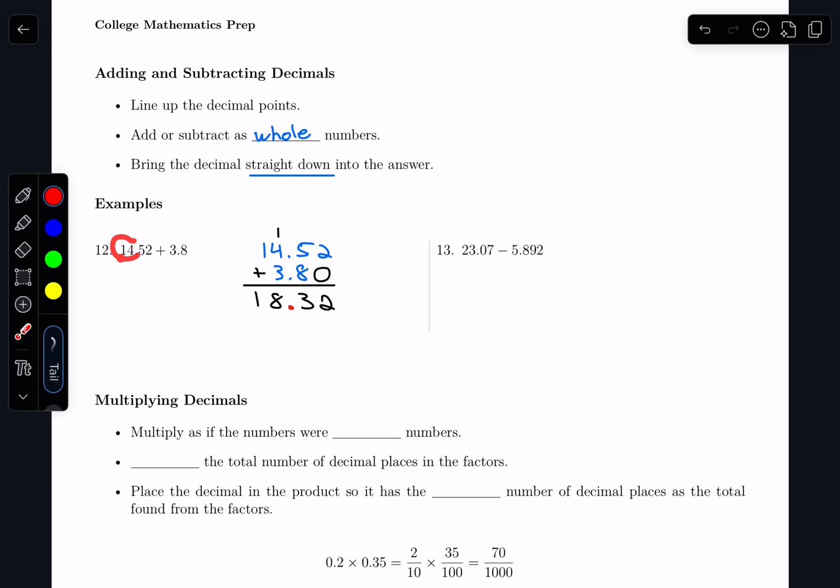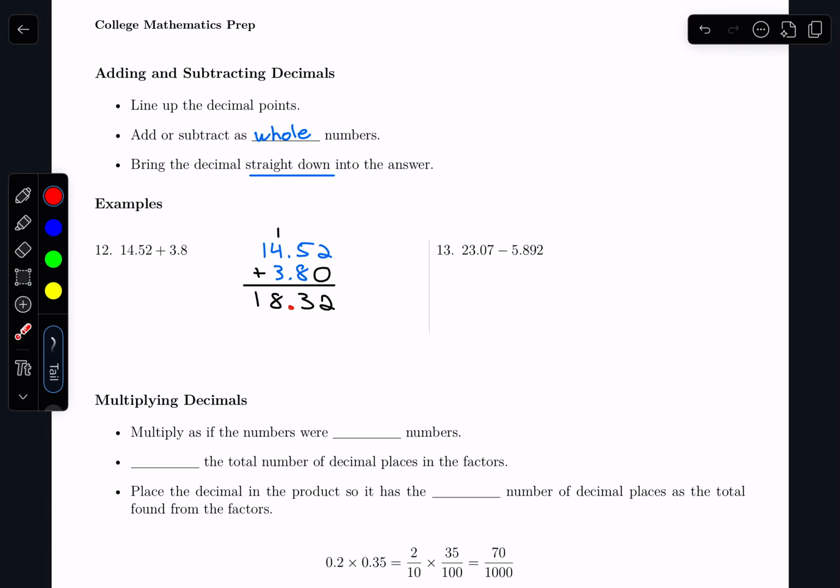So I know going into this that I should have a number pretty close to 17, and 18.32 is pretty close to 17. What I mean by pretty close is they are both 2-digit whole numbers, but then there's just some change at the end. And I call it change because when we talk about money, the decimal place represents cents, or the coins that we would normally use. So literally the change.